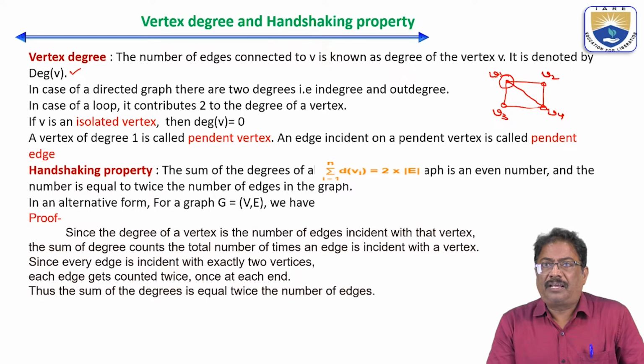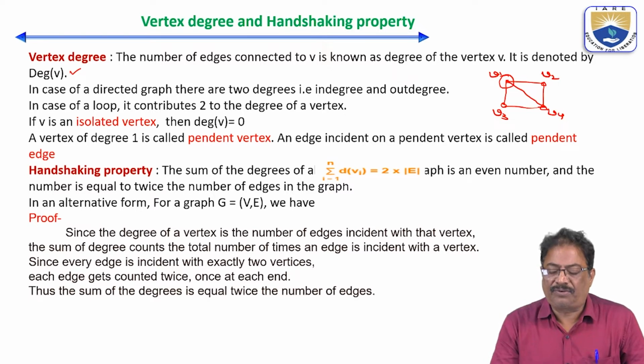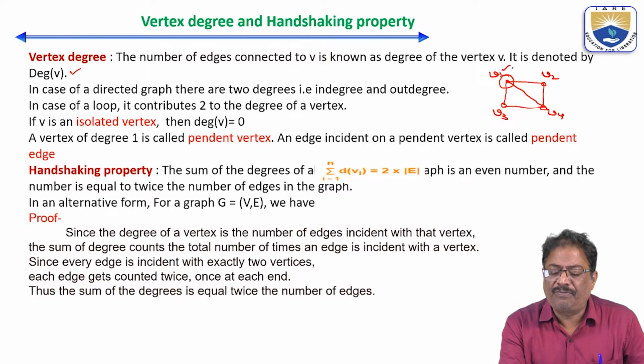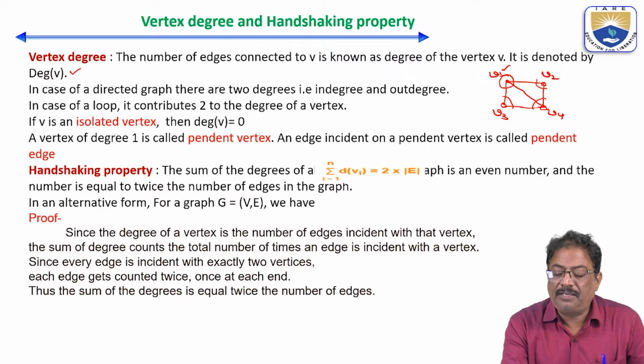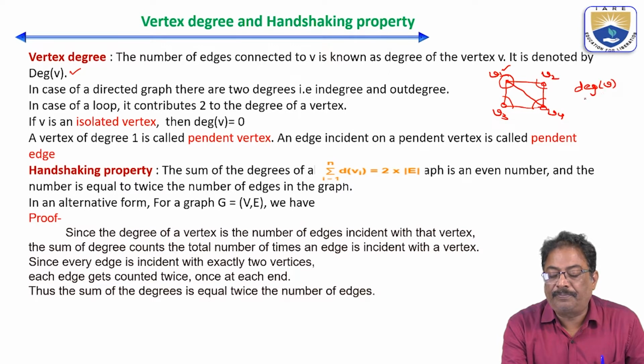The number of edges connected to V is known as the degree of the vertex. So degree of V1 is 3, degree of V2 is 2, degree of V4 is 3, degree of V3 is 2. That is represented as the degree of V, either with capital D or small d.